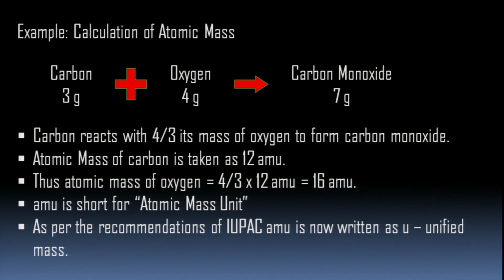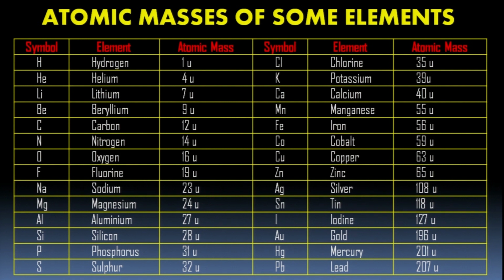As per the recommendations of IUPAC, AMU is now written as U, that is the unified mass. What is IUPAC? International Union for Pure and Applied Chemistry. They approved the things. So, AMU has been approved to be written as U, that is the unified mass. Here we have the atomic masses of some elements.